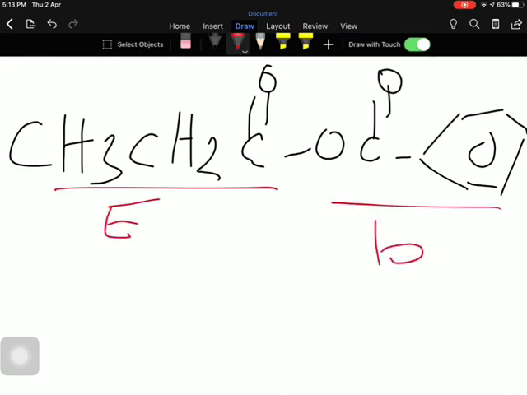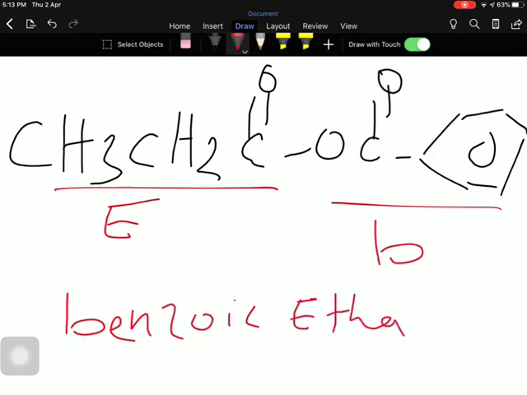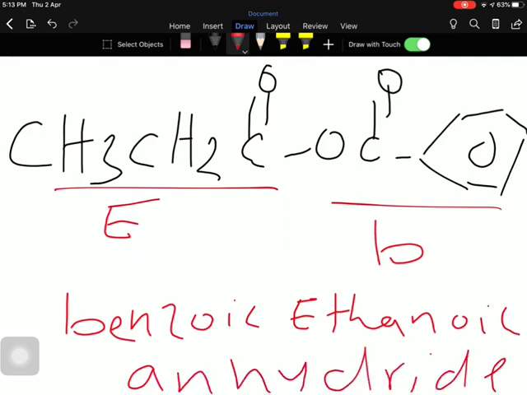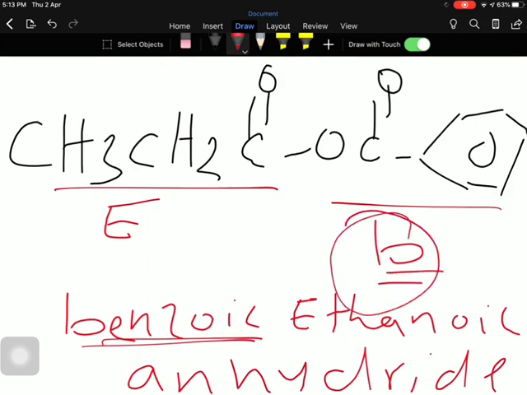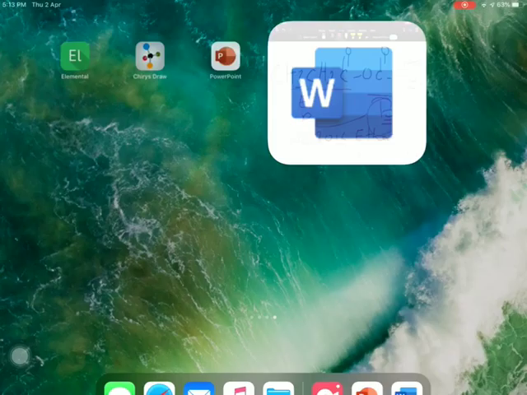So in this case, we name it benzoic ethanoic anhydride, because B in the alphabetic arrangement is going to be before E. Anyway, let's return back.